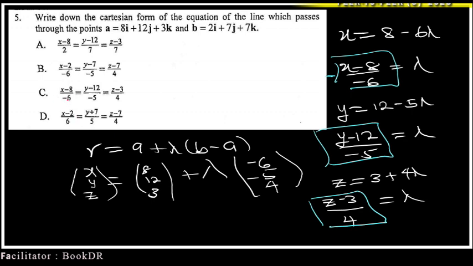So you can see option C has it. So this one is out, this one is out, and this one is also out. But let's compare the others. The next is y minus 12 over negative 5, it has that, and then z minus 3 over 4. So we'll go for this option as our answer.